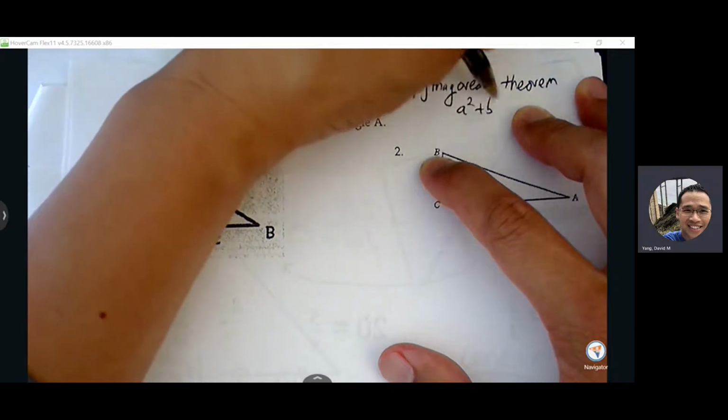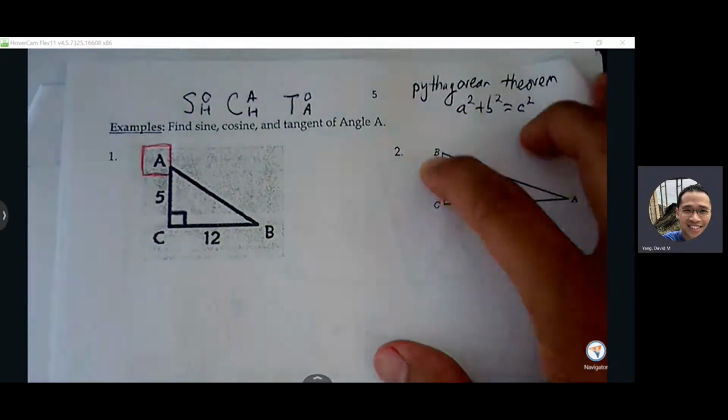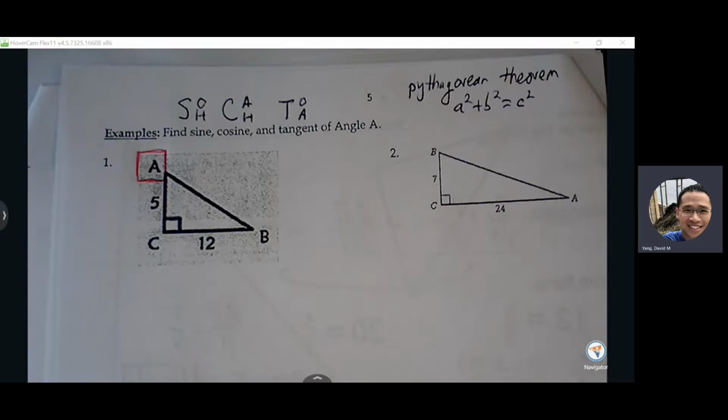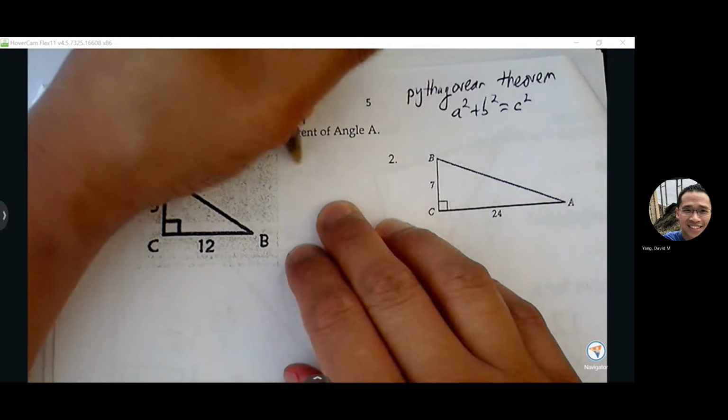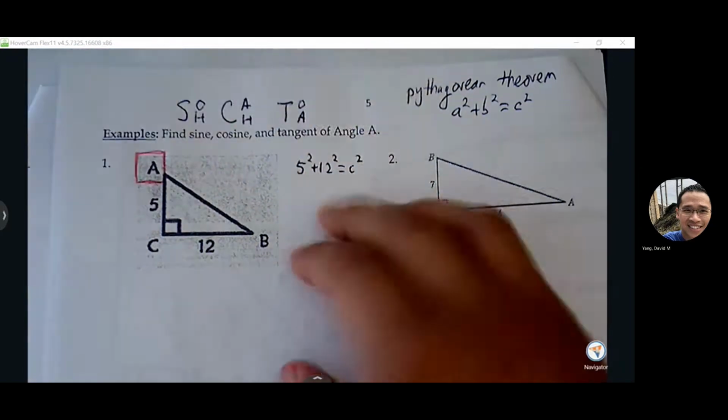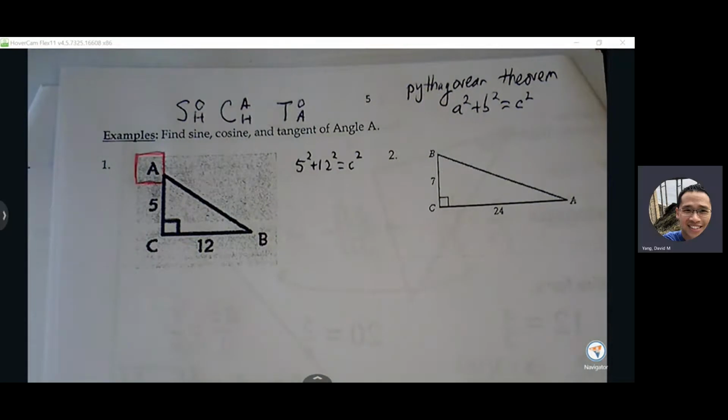A squared plus B squared equals C squared. This is a common Pythagorean triple, but we can also work it out by hand. 5 squared plus 12 squared equals C squared. That ends up giving us 169. We take the square root, C equals 13.